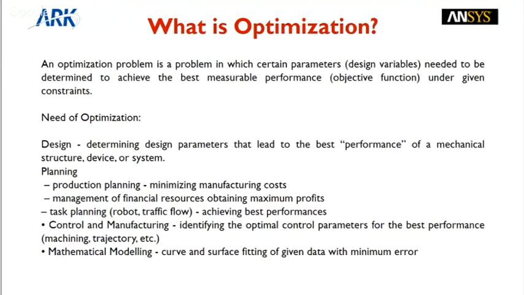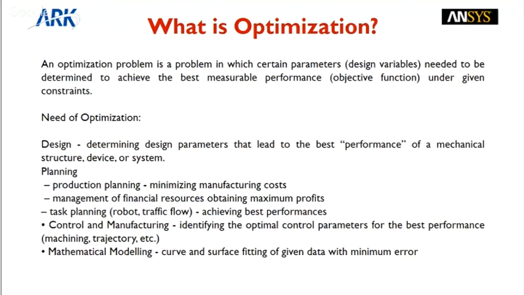Similarly, finance resources have the aim of maximum profits from whatever you have designed. To have maximum profits, the initial thing is minimum manufacturing cost. So these two go hand in hand, that you should go for cost optimization.